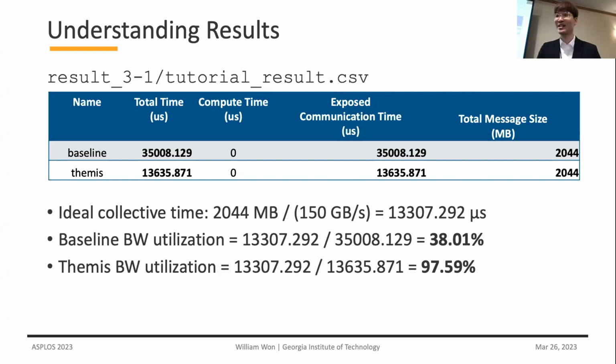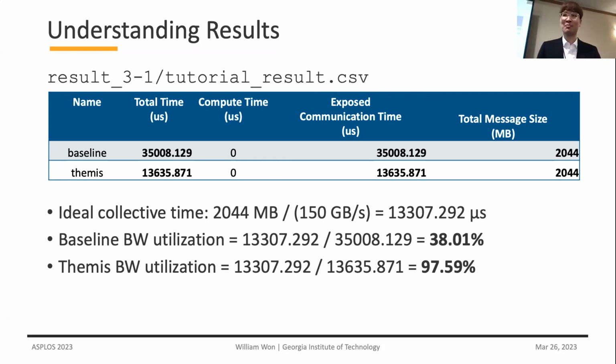So the baseline took about 35,000 microseconds to run a 1 GB collective, but on the same topology with Themis, it only took about 13,600 microseconds. Ideally, we are sending out about 2044 and the bandwidth per each GPU is 150 gigabytes per second.